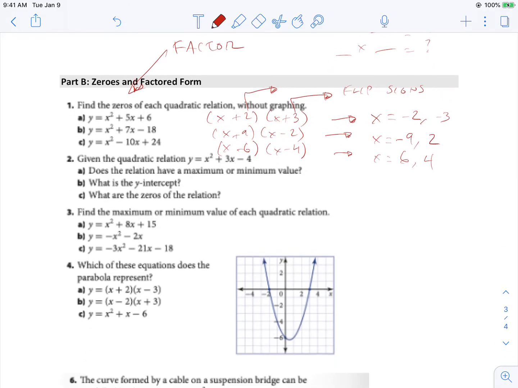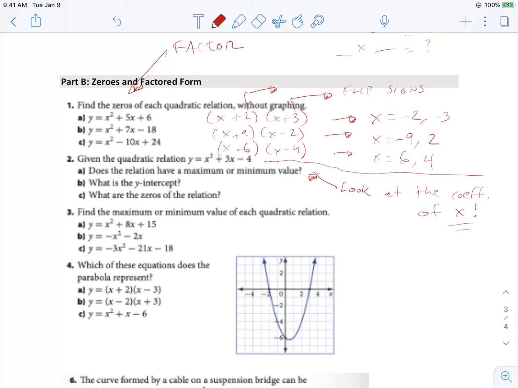Perfect. The next one. Quadratic relation y equals x squared plus 3x minus 4. Does the relation have a maximum or a minimum value? For this, look at the coefficient of x squared.